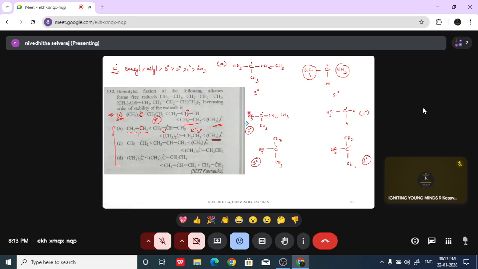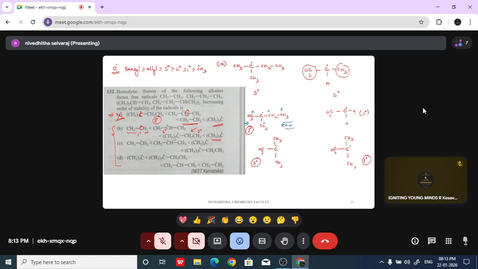I'll mark the alpha carbons for you. The carbons directly attached to this carbon atom with one electron are the alpha carbons. This is the beta carbon. 8, ma'am. Yes, this has just 8 alpha hydrogens.